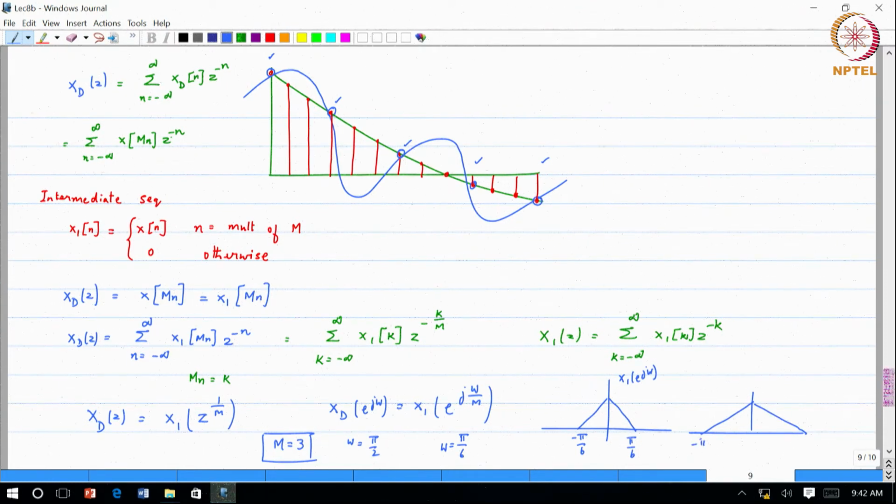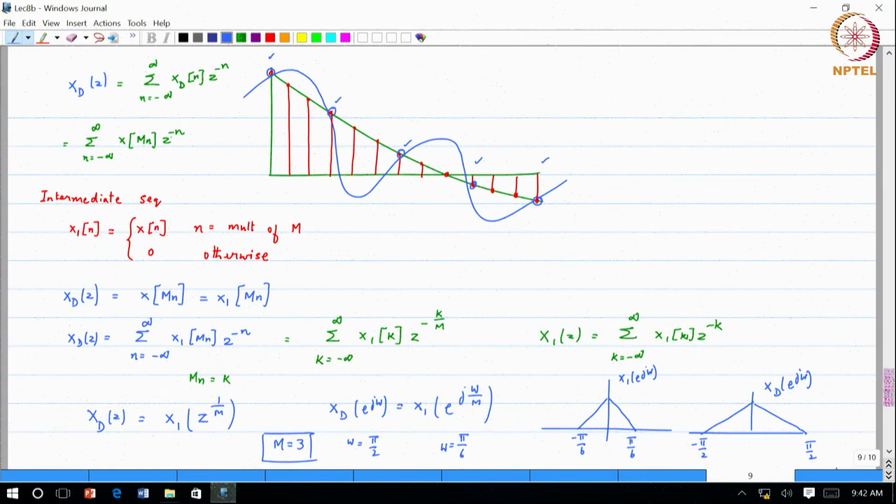It will go from minus π/2 to π/2. This will be Xd(e^{jω}). So this notion of stretching in frequency, when I reduce the sampling rate, is very important for us. It is linked to the stretching in frequency that I described at the start of the lecture.